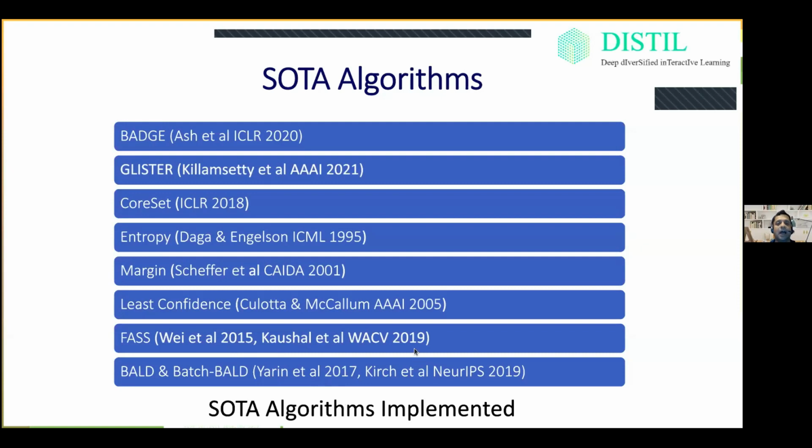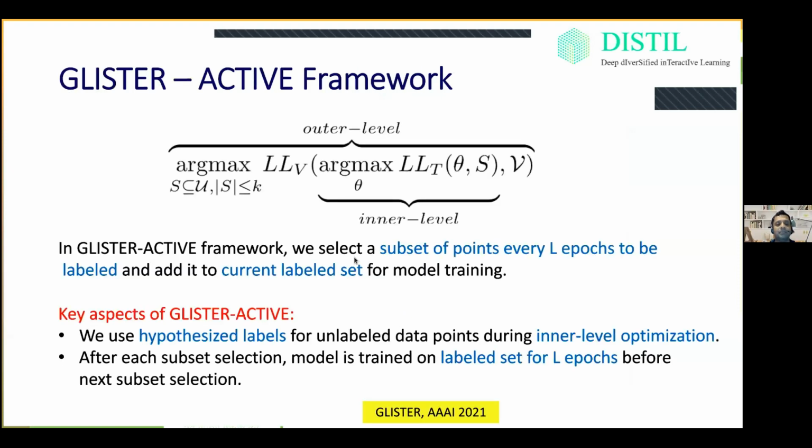And these are the algorithms implemented. But specifically with the Glister, which I talked about earlier, we do Glister active, where you select a subset of points every L epochs to be labeled and add it to the current label set. So now you can use hypothesized labels in Glister active instead of working with the true labels. That's because now we also want to deal with unlabeled data points.